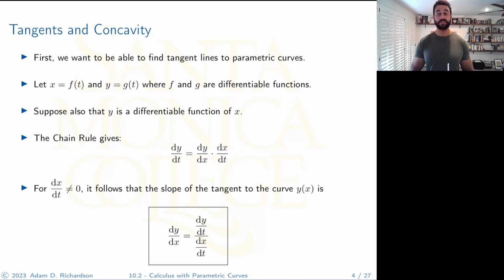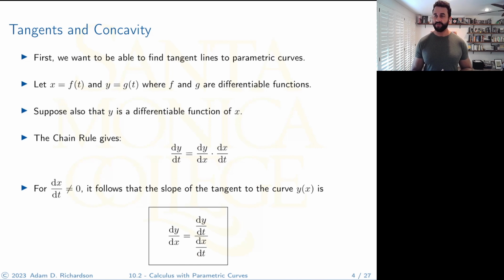Okay, so starting with tangents and concavity, the basic idea is that we want to be able to find tangent lines to parametric curves. So how do we do it? Well, let's start with our parametric equations for x and y, where f and g are differentiable functions. If we want to talk about derivatives, we need differentiable functions.